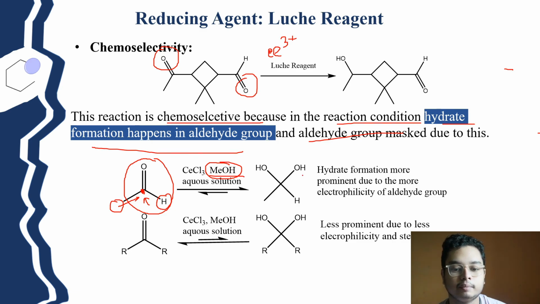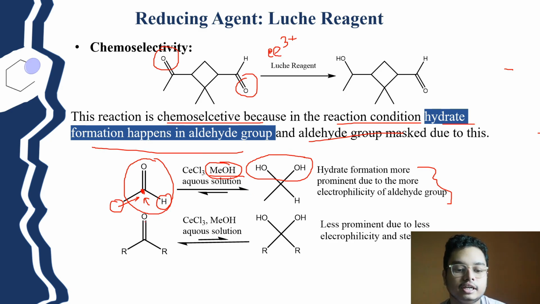In the presence of this alcohol solvent, this type of hydrate formation takes place because this C=O is a highly polar bond in nature. So the electrophilicity is much higher here, and this higher electrophilicity often leads to the formation of this type of hydrate. And since it is a hydrate, there is no chance of chelating.